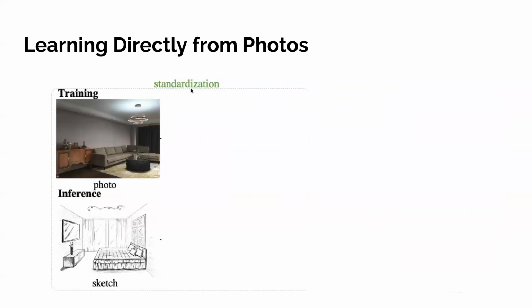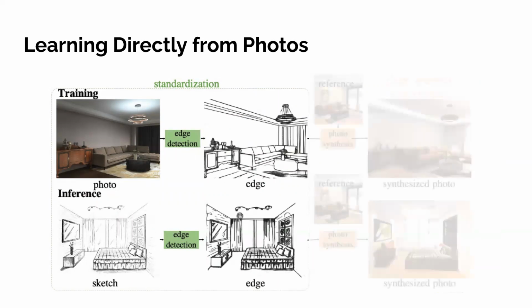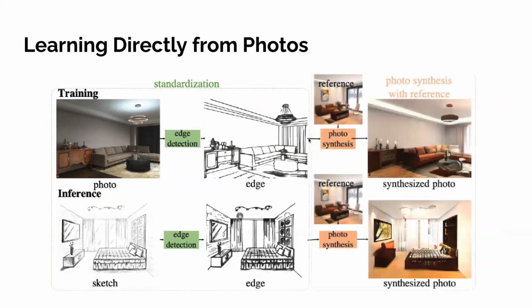So exactly how do we do this? First we do a standardization. For training, we grab a bunch of scene images, and then we do edge detection to estimate the edges from them. And we do a similar thing for inference: we generate the edges from the sketch. So in a way, standardization gives you a similar appearance. It standardizes the input to the next stage, which is the photo synthesis stage.